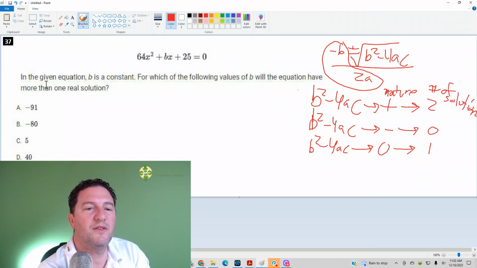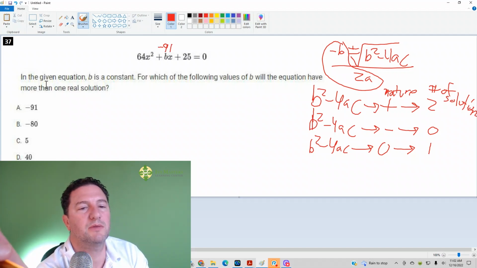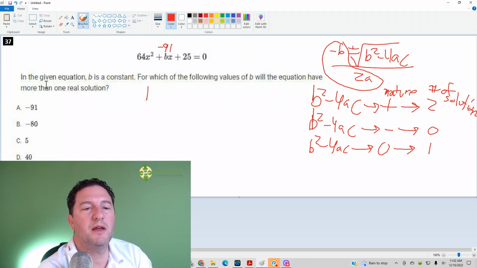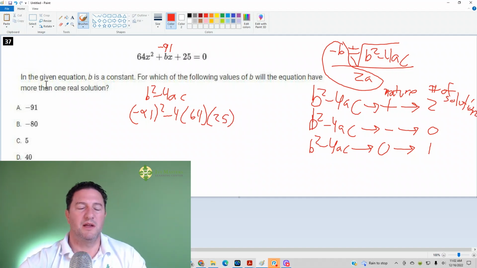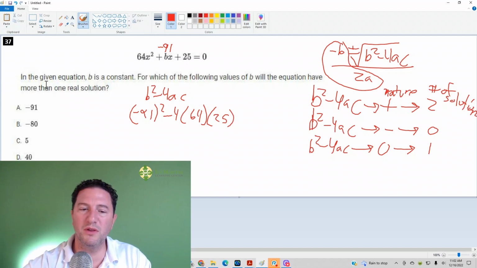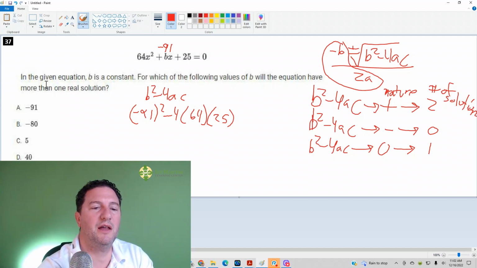If we had 64x squared minus 91x plus 25, I do my b squared minus 4ac. Your b is negative 91. That quantity is squared, minus 4 times a, which is 64, times c, which is 25. Now, am I going to do this? I'm going to try not to.